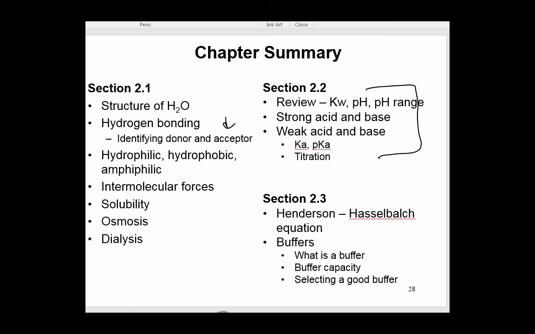Be able to identify the species on a titration curve. And then understand how these weak acids and bases relate to the Henderson-Hasselbalch equation and biological buffers.